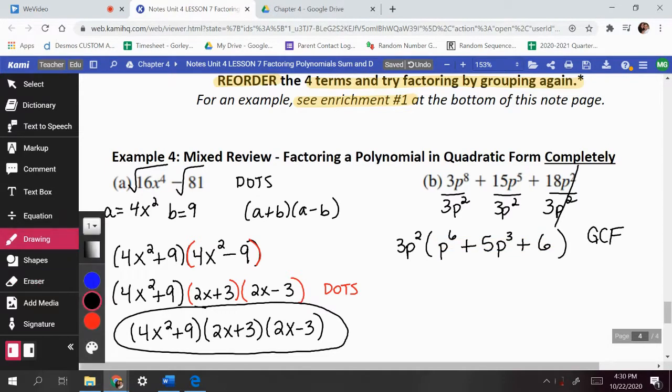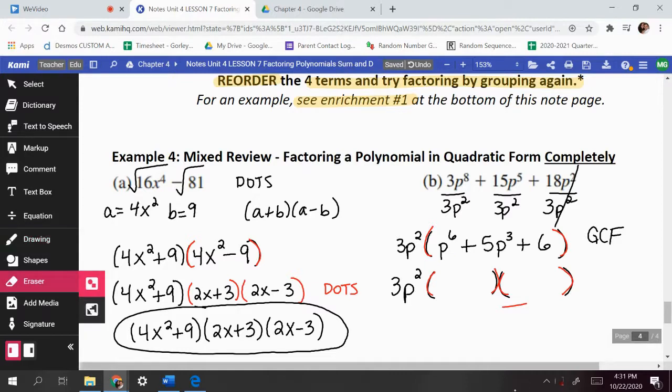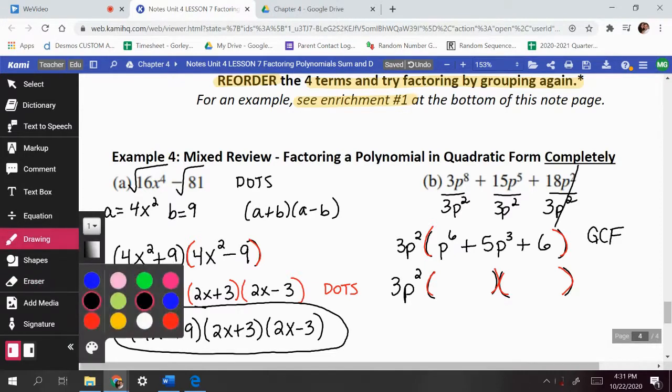Because the leading coefficient is 1, I'm just going to try guess and check. Okay, so again, I'm taking this set of parentheses and I'm seeing if I can break it up into two binomials. What times what is p to the 6th? Let's use p cubed and p cubed.